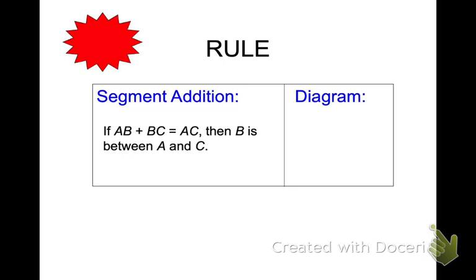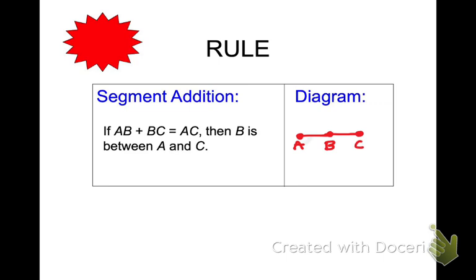Okay, so what does that look like as a diagram? I'll give people a second to get caught up, so I'm not rushing them. Okay, so if the length from A to B is here, plus the length from B to C is here.